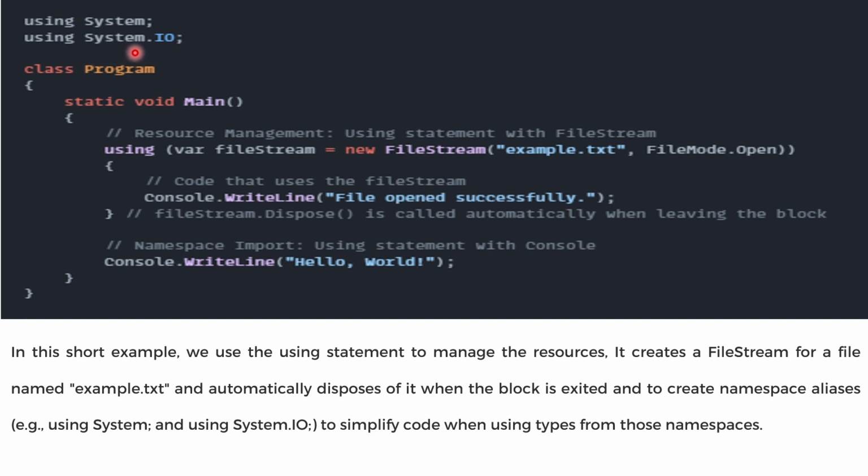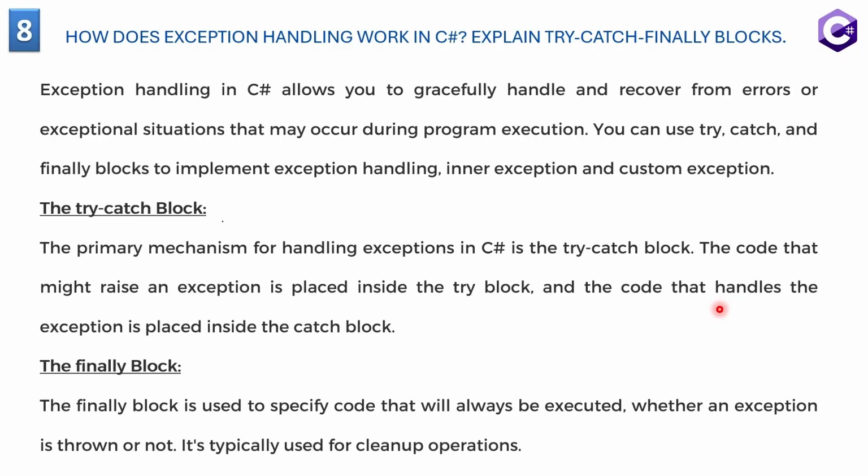It's basically an assembly reference that you are using in the code. But when we come to using var fileStream, it automatically disposes the object memory. It performs the operation and automatically disposes the file stream object here. So that's the main difference of using.